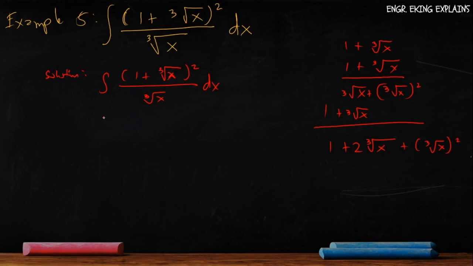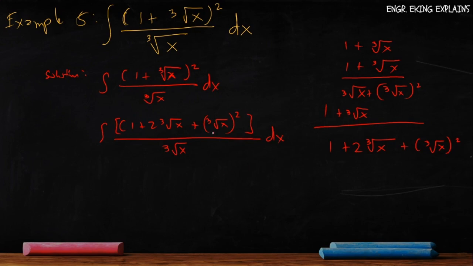Okay, so we substitute the expansion in this expression. So we have 1 plus 2 cube root of x plus cube root of x, they are all squared, all over cube root of x.